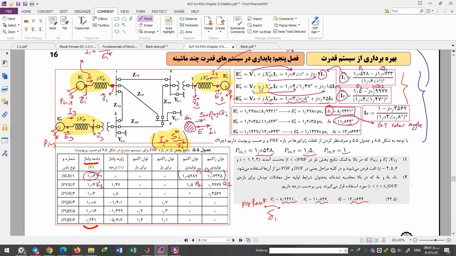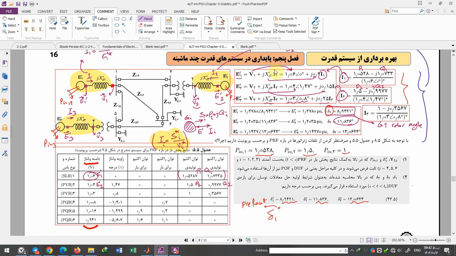And after that, you have to substitute the voltage from the power flow result here. Xd prime is obviously clear as an input of the question, but the I1 is required.